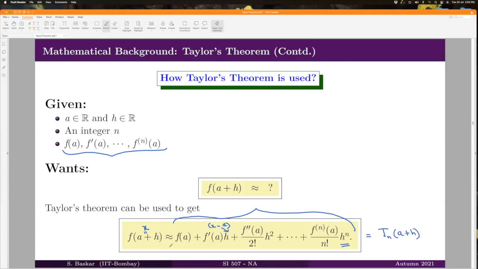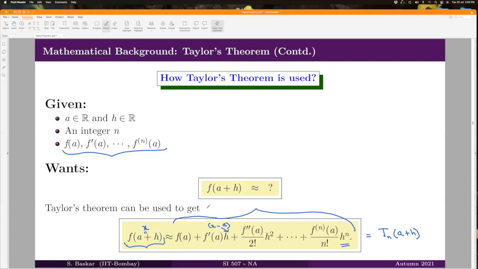Often what we do is we generate this Taylor polynomial, and whatever value it gives, we believe that that value is approximately equal to the value that we want. Okay, what is the base for this belief? Well, the base for this belief is Taylor's theorem.